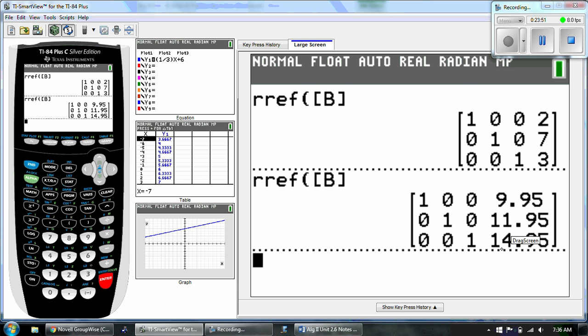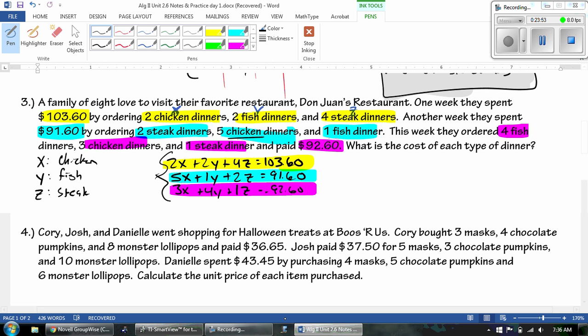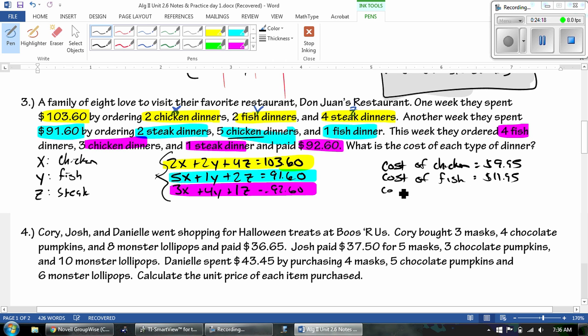the Z, was 1495. So we can come back here and say that the cost of the chicken, how much that was. So the cost of the chicken was $9.95. The cost of the fish was $11.95.